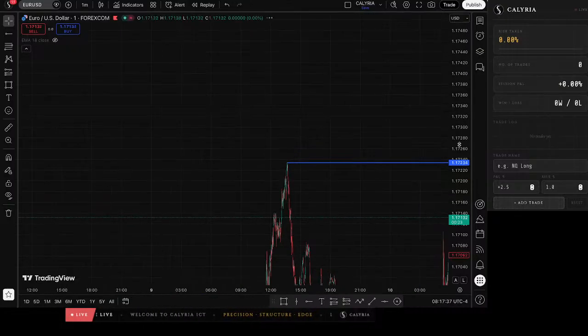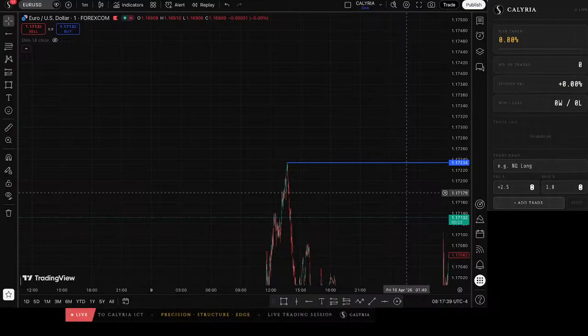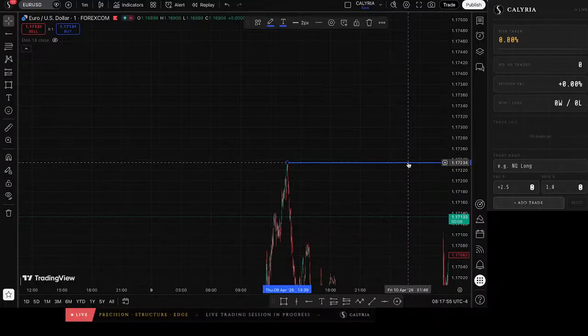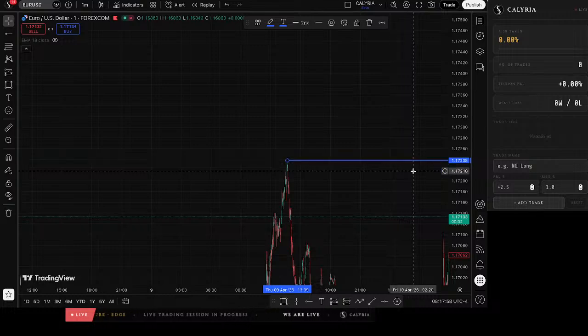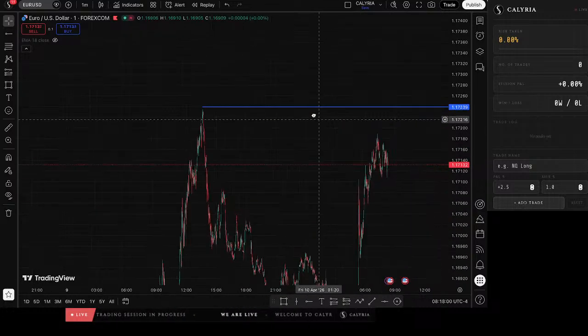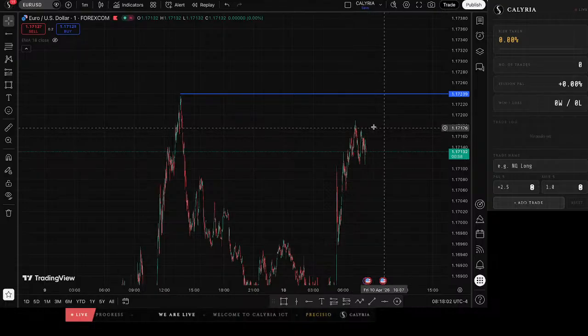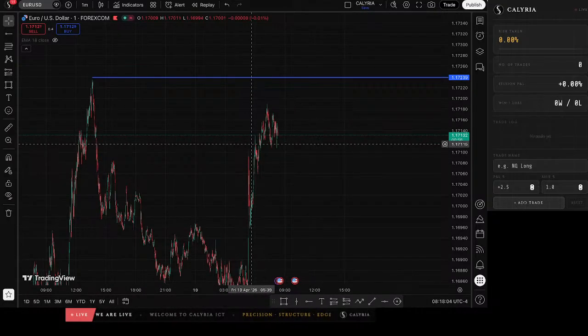So the opportunity is here, but at which point will I mark a confirmed opportunity? Is it 1.7239? Okay, it's not here, rather it's here. So this is the exact point which I want it to hit.